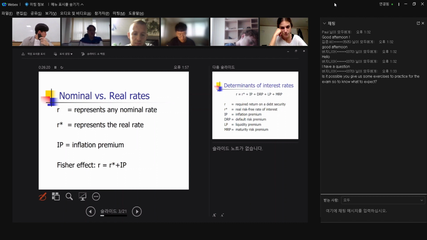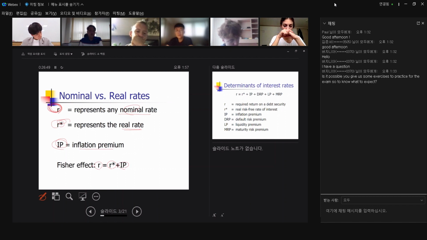We say nominal interest rate R, without any suffix or exponent, represents any nominal rate, whereas R star represents the real interest rate. IP is inflation premium. So nominal interest rate is equal to the real interest rate plus inflation premium.